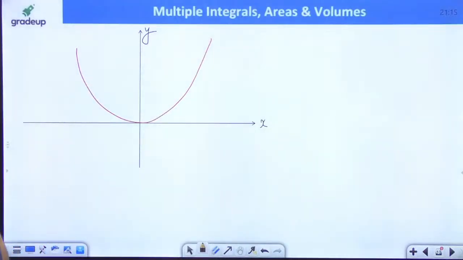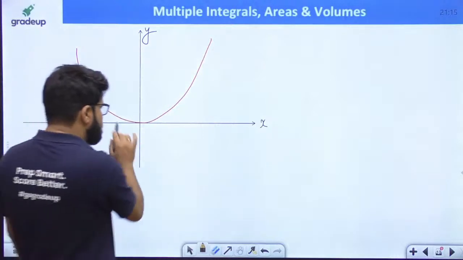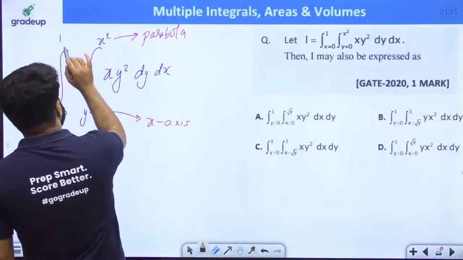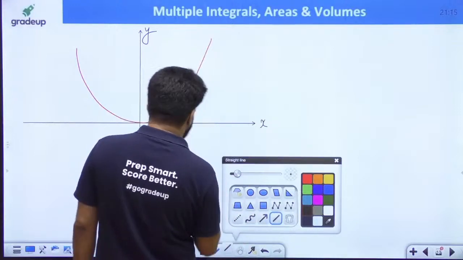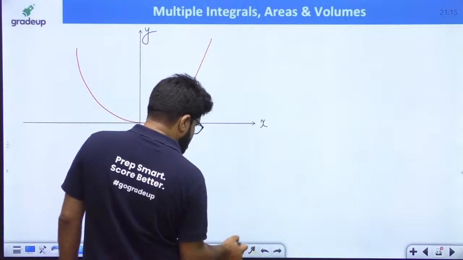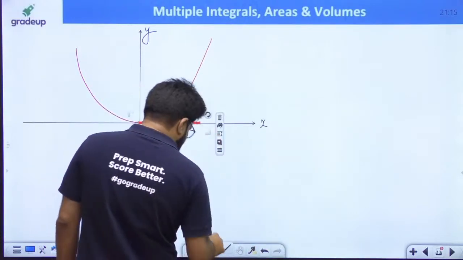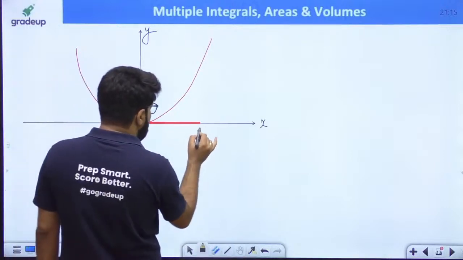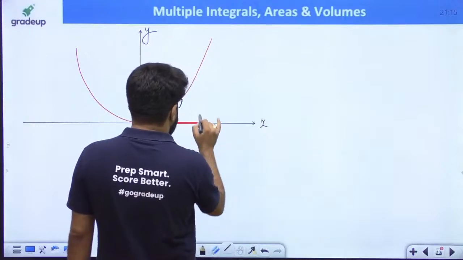Y is equal to 0 to x square, 0 means on the x axis, and the limit of x is 0 to 1. So let us take the line on the x axis, x equal to 0 to x equal to 1.